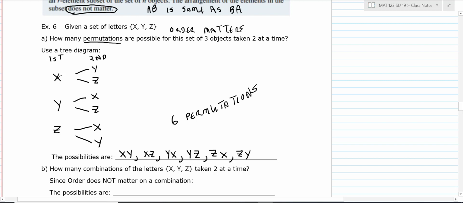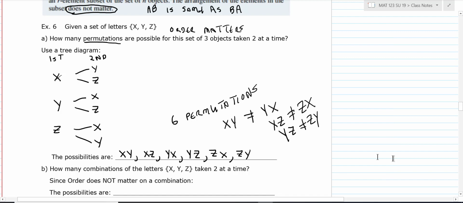That's how that goes. Notice on this, order matters, so we think of XY as being different than YX. We think of XZ as being different than ZX. And what else is left over here? YZ is different than ZY.